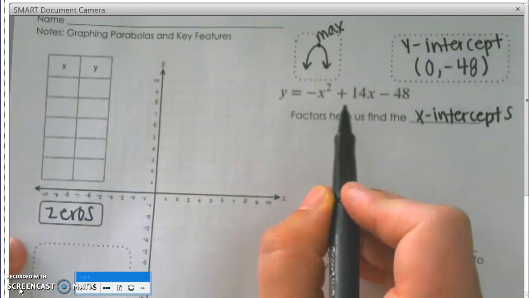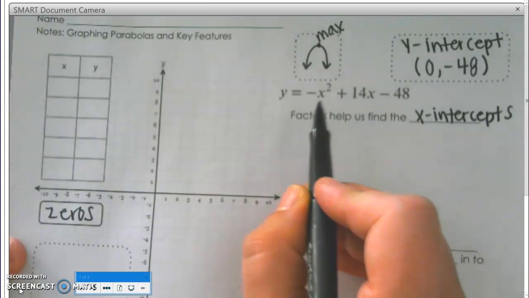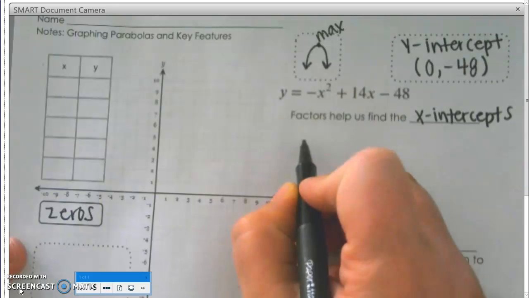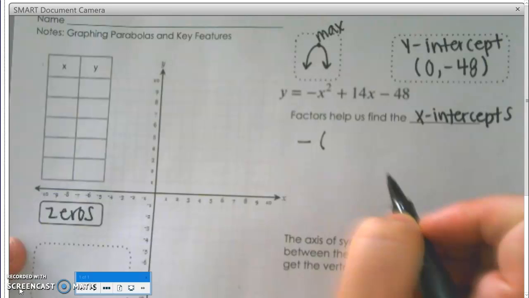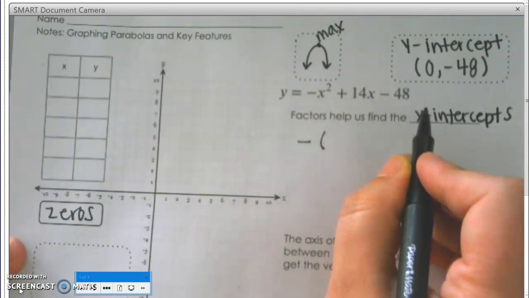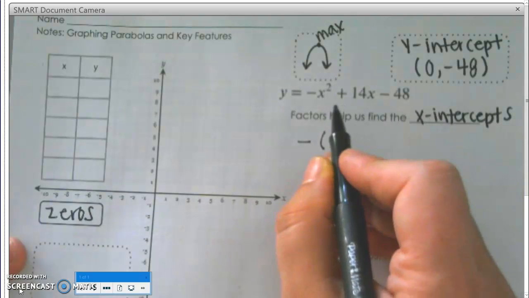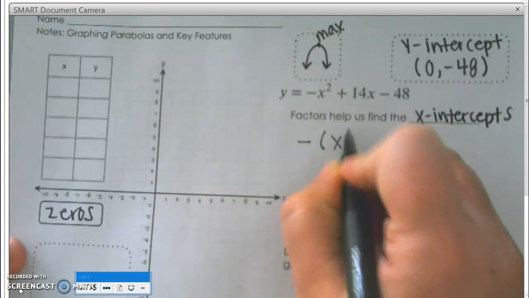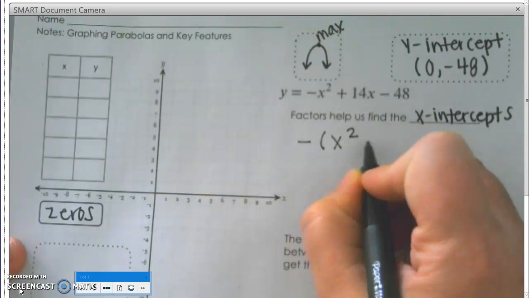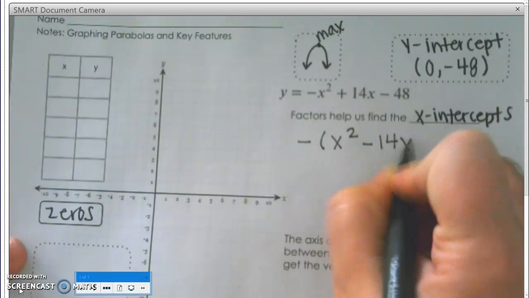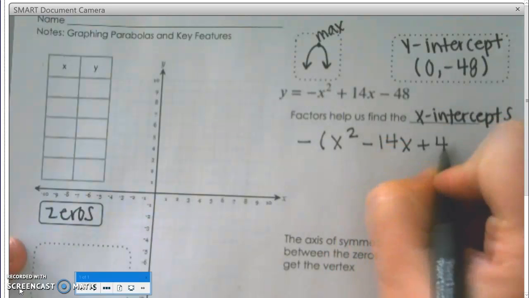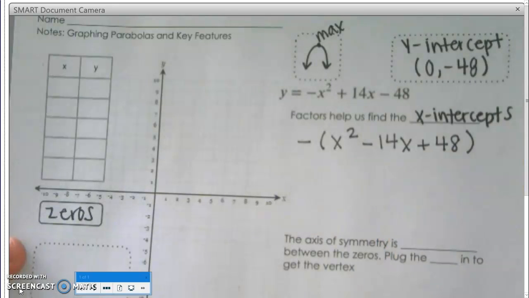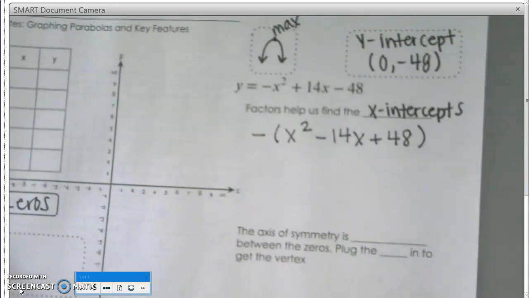The first thing I'm going to do every single time it's negative is put the negative on the outside of parentheses. What that's going to do is change all of my signs. So instead of a negative x squared, it would be positive x squared. Instead of plus 14x, minus 14x. Instead of minus 48, plus 48. That's going to be a lot easier to factor.